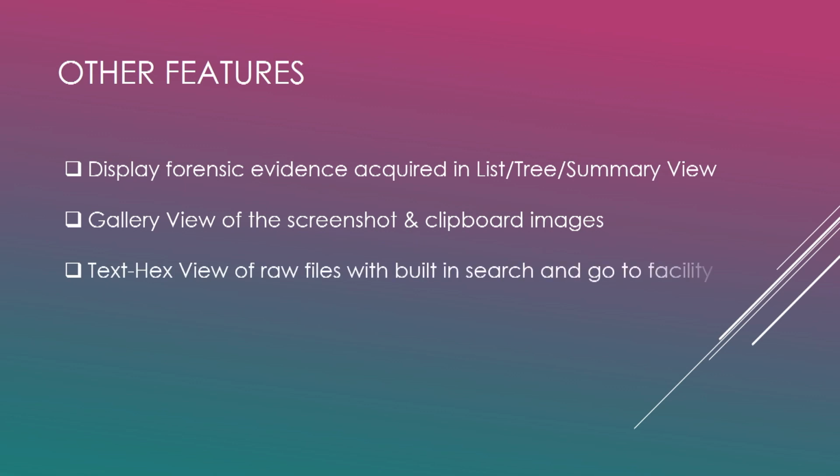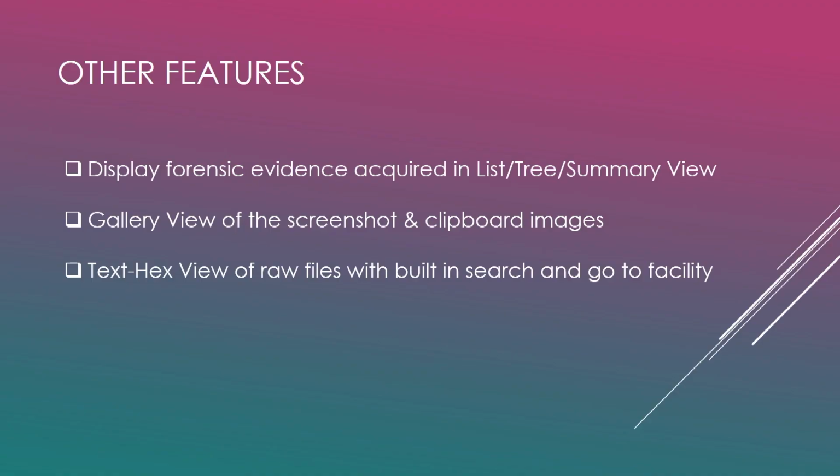It provides a text and hex view of raw files, and we can search just like normal text, and it will provide the hex view of the same. We can also see a tree view of the running processes, which makes analysis easy. So, this is all about the second tool, the WinLiFT Analyzer tool.